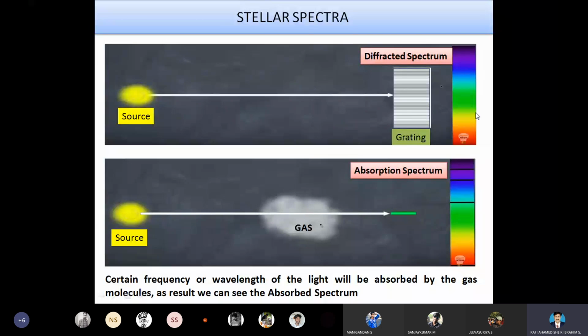When we consider a normal setup, the source and the grating produce a diffracted pattern with various colors. When the source falls on the gas molecules, the medium actually contains a number of energetic particles. These energetic particles absorb the light source, and the absorbed light with the gaseous molecules results in the emission spectra.